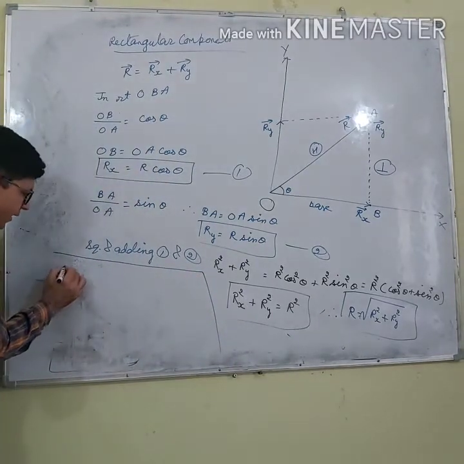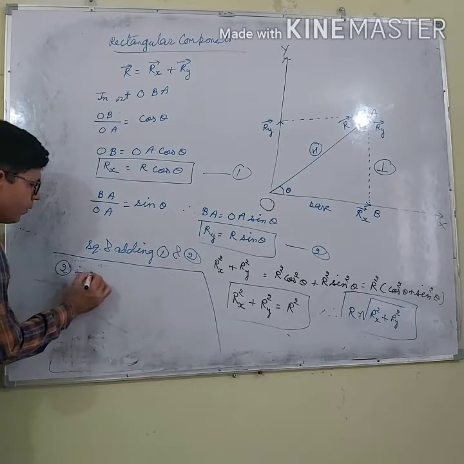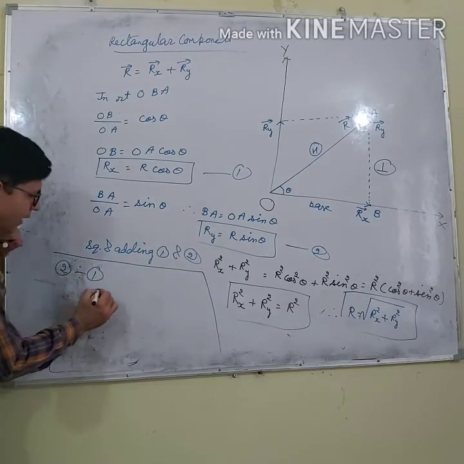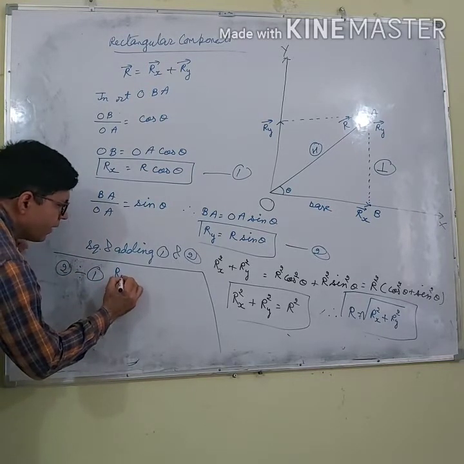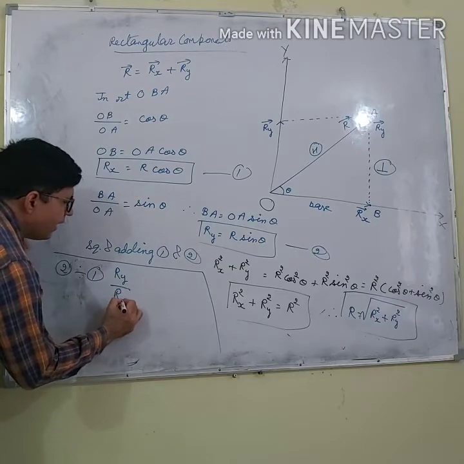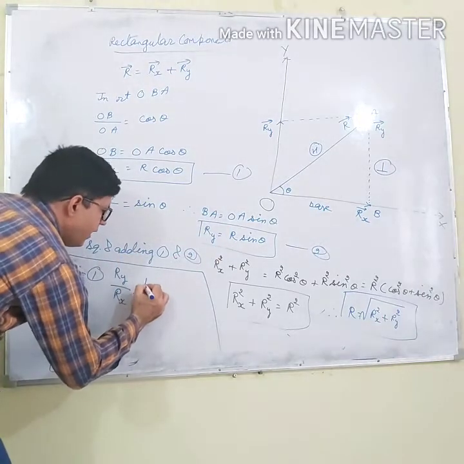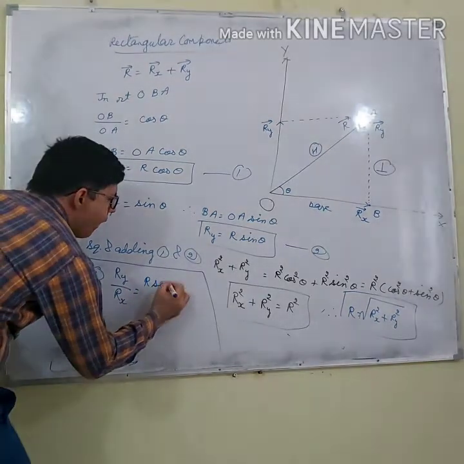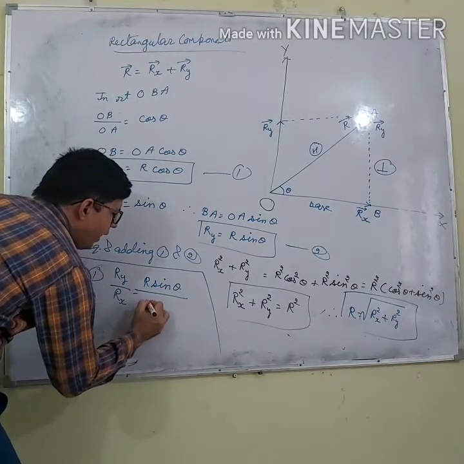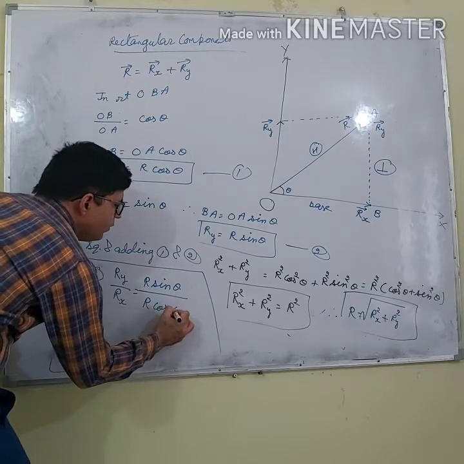And one more point is: if I divide 2 by 1, what will I get? Ry upon Rx. What is Ry? R sin theta upon R cos theta.